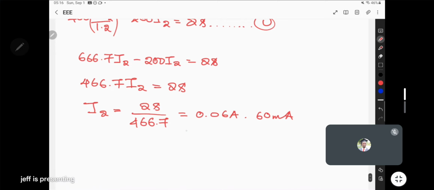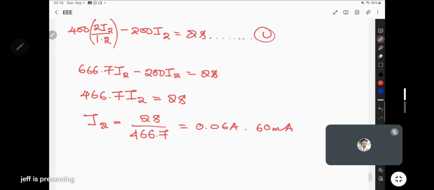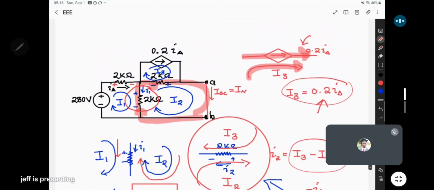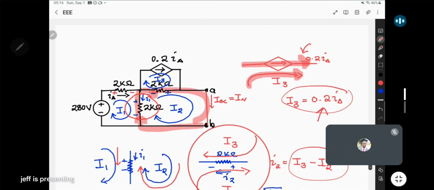Okay. From here we have I2. If we want, we can also get I1, but what was our goal? Our goal was to get the I short circuit, the current that was passing through AB. But you have to see that the I short circuit here will actually be the same as the mesh current I2. And guess what? They'll even be in the same direction, because through this branch, through this line, mesh current I2 will be going downwards.